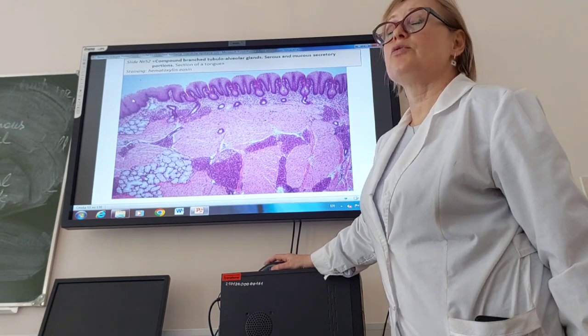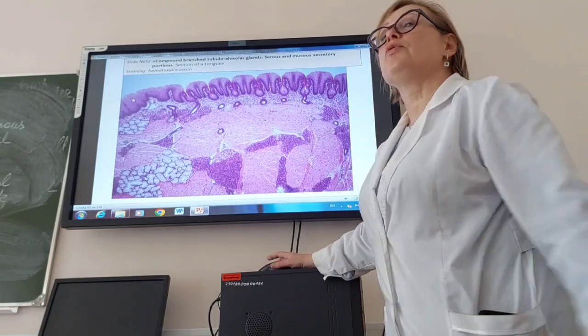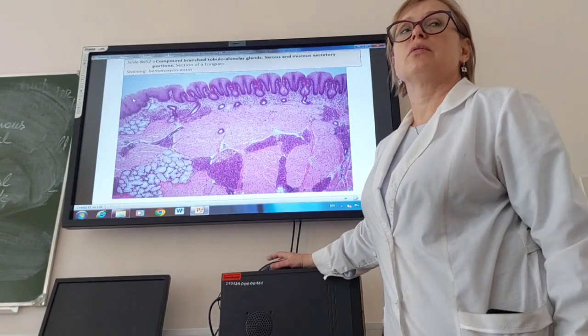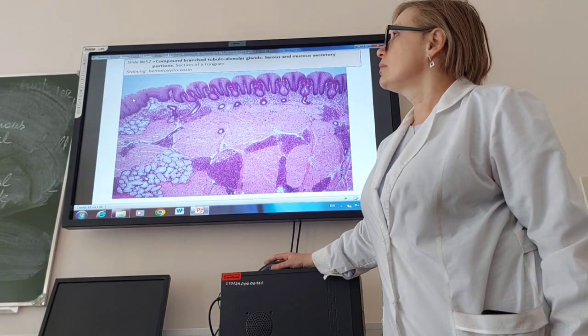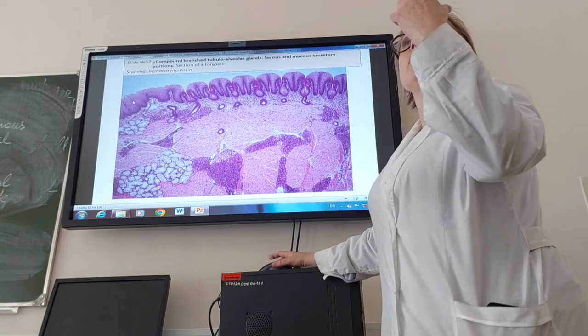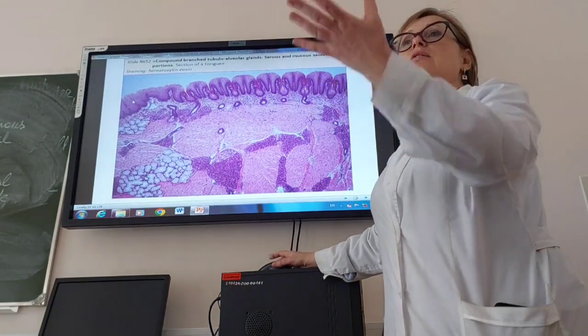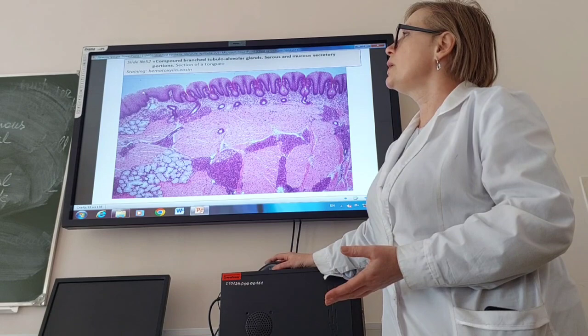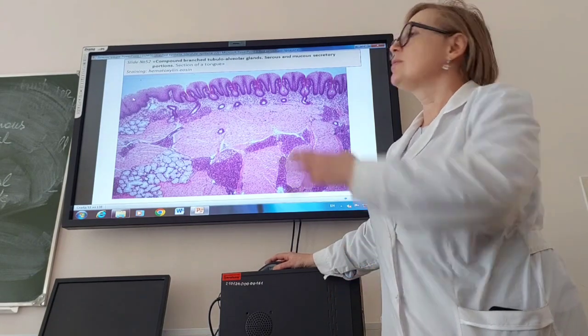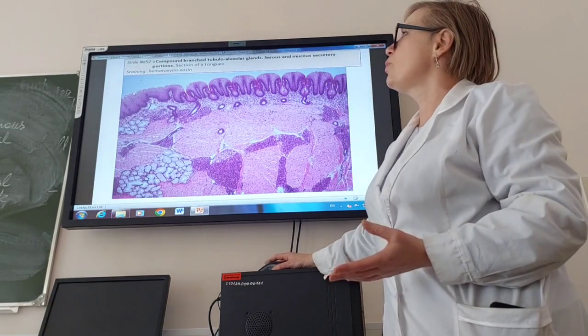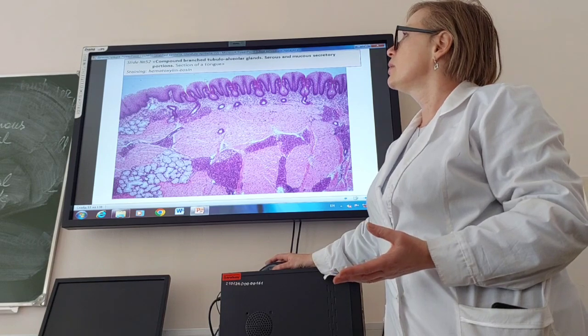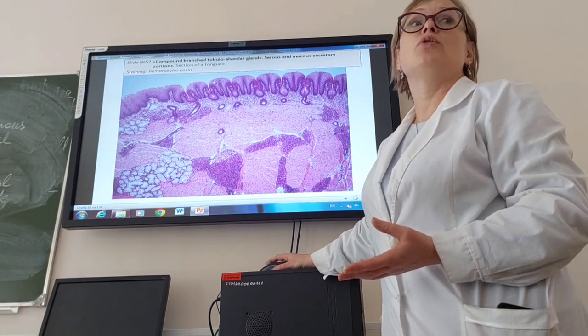Stratified. It consists of 5 or 3 layers? 3. So 3 layers we know: non-keratinized and transitional. Look please at the shape of the cells. Are they large, round, or small, flattened? They're not keratinized. Non-keratinized.